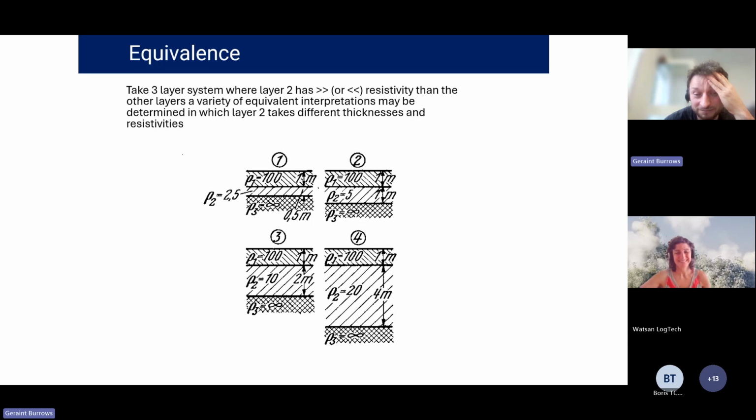Does that make sense? Because it's just mathematically resulting in the same effect on the way that the current can pass through the ground. Current's always traveling through the easiest pathways.